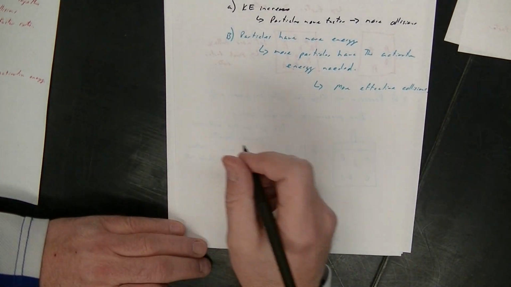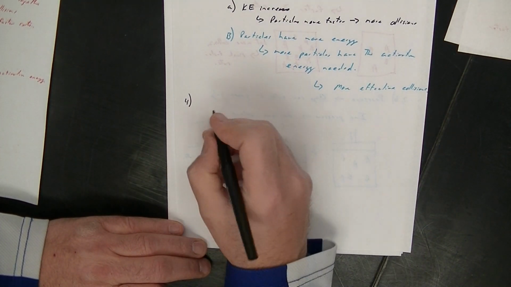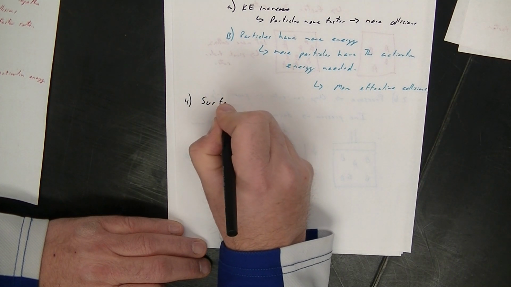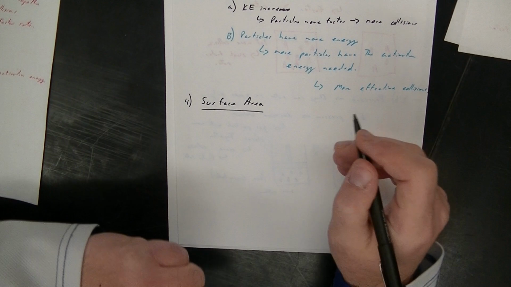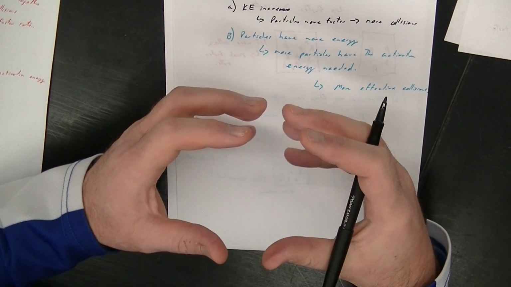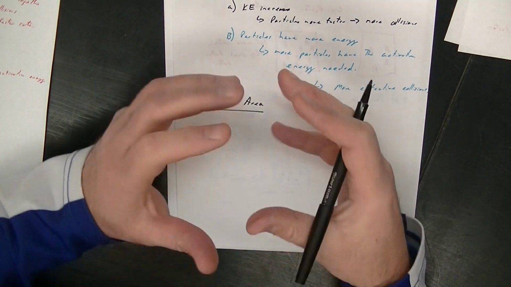Our fourth factor is going to be surface area. So when we're talking about surface area, we're talking about where the actual collisions can occur.